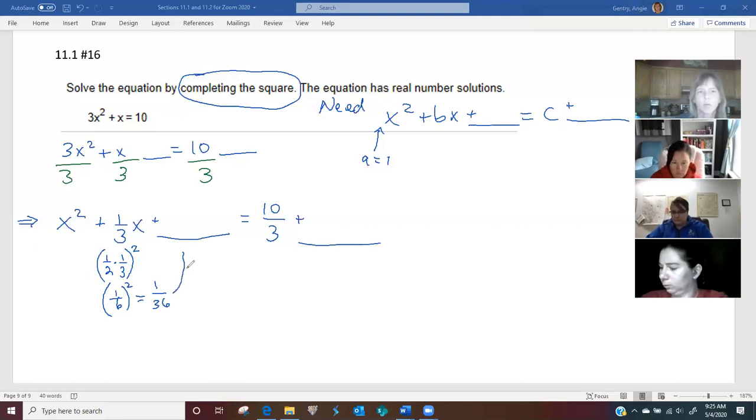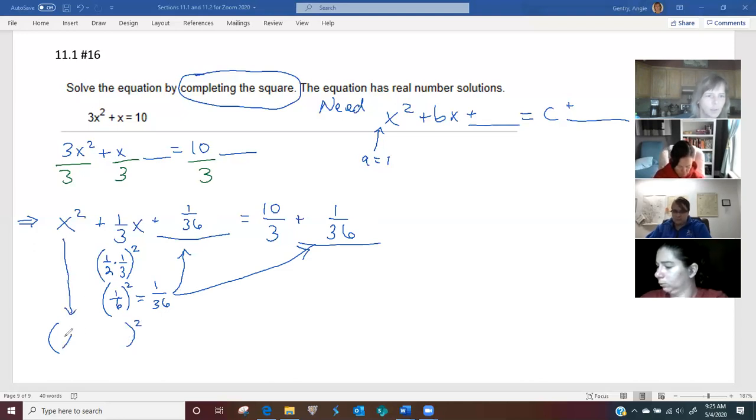And then this outer piece goes here and there. And the inner piece goes inside my binomial that I'm squaring. So there's your x, here's your plus, and here's your 1/6 that goes on the inside because it was on the inside here at the parentheses.